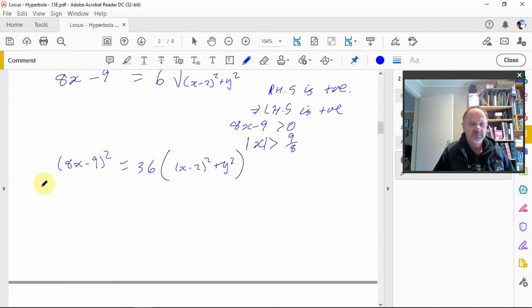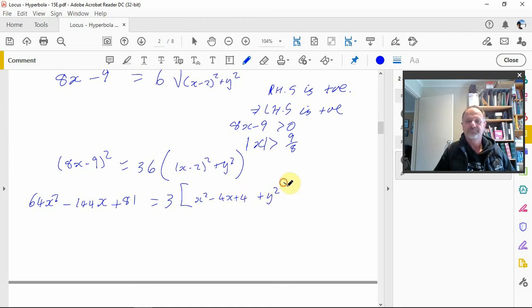All right, so expanding this, I get 64x squared. 9 8s are 72, and I get that twice, so I get minus 144x, and plus 81 equals 36 lots of x squared minus 4x plus 4 plus y squared.